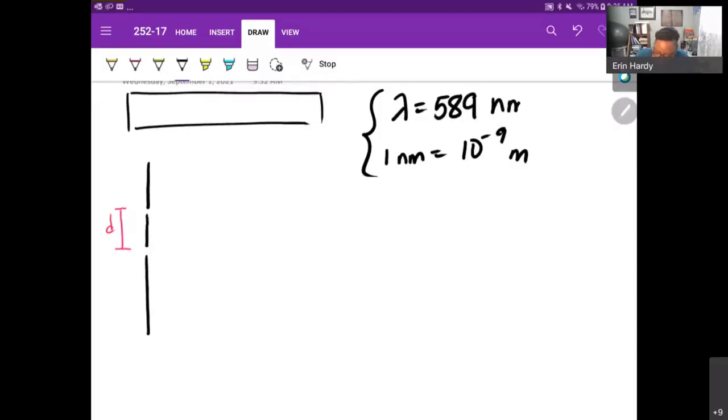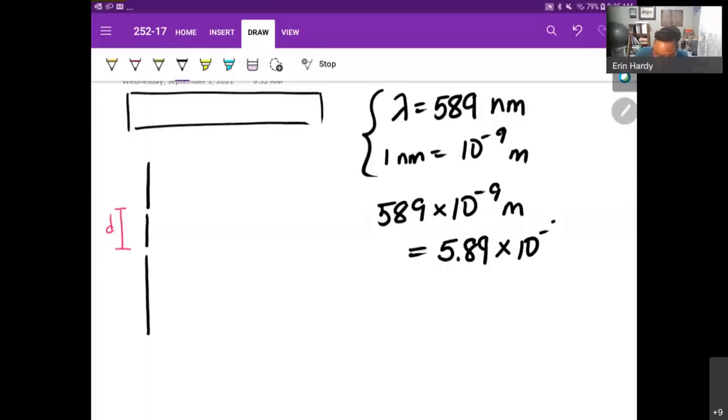This should be nanometers, not 589 meters. But when you're dealing with visible wavelengths that are hundreds of nanometers, 589 times 10 to the negative 9 meters is equal to 5.89 times 10 to the negative 7 meters. So that negative 7 is going to recur when we're talking about wavelengths that are in this range.